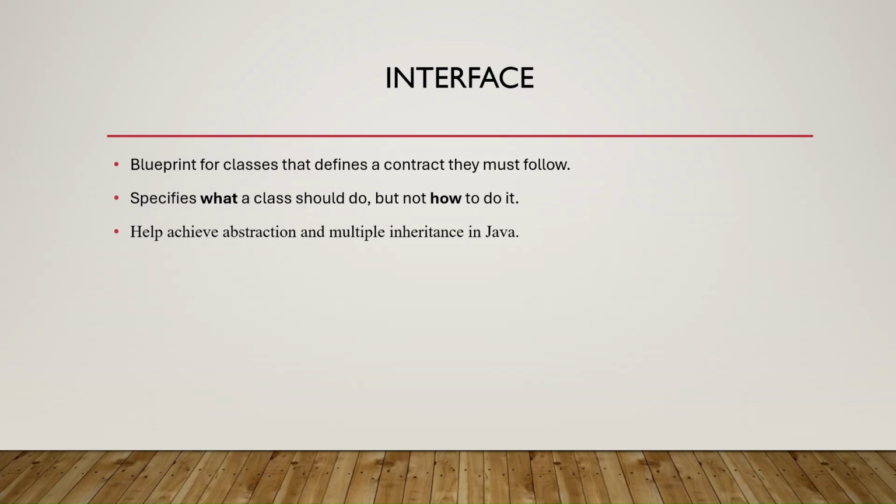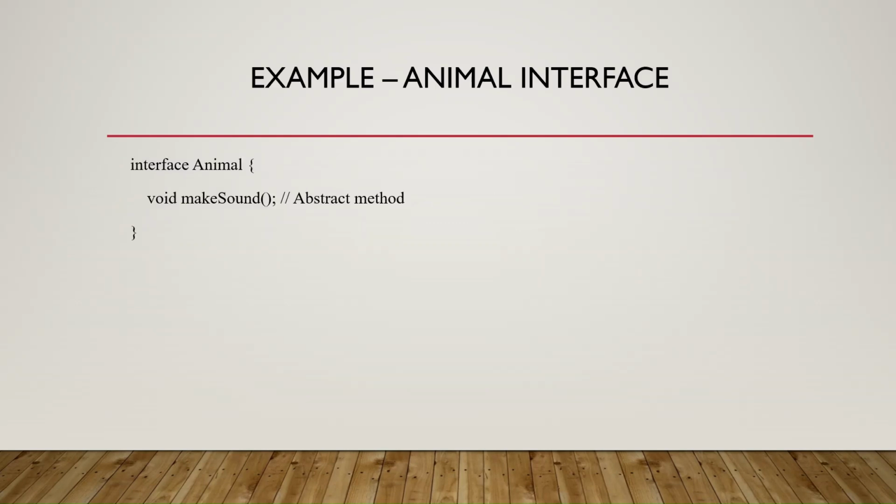An interface in Java is a blueprint for classes that defines a contract they must follow. It specifies what a class should do, but not how to do it. Interfaces help achieve abstraction and multiple inheritance in Java. The animal interface defines an abstract method make sound.